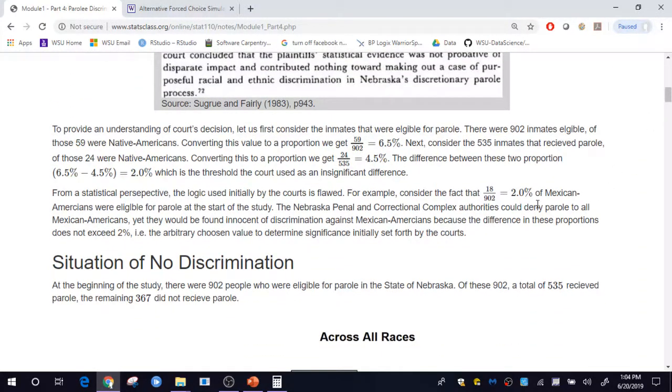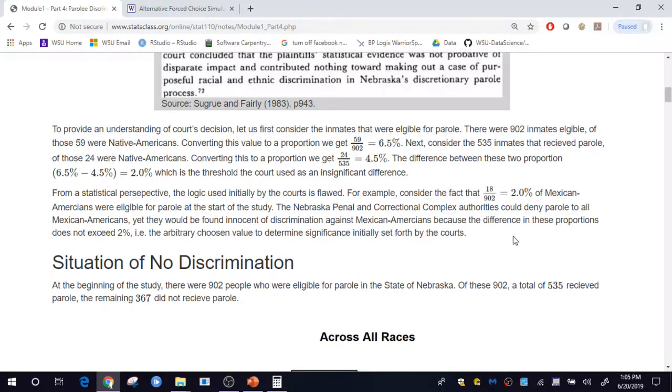So what that means is that the Nebraska Penal and Correctional Complex could deny parole to all Mexican Americans. If they denied parole to all Mexican Americans, then that proportion would be 0% that received parole. 2% eligible and 0% that actually received parole.